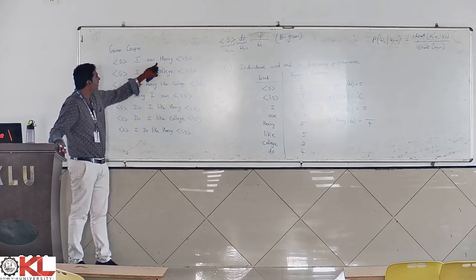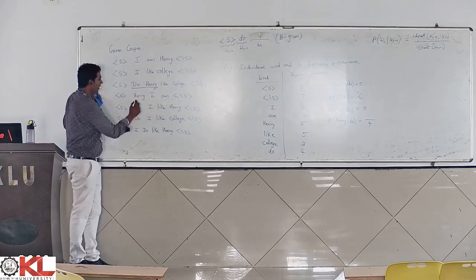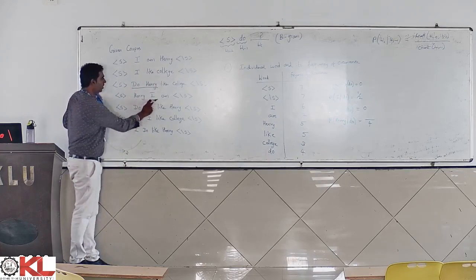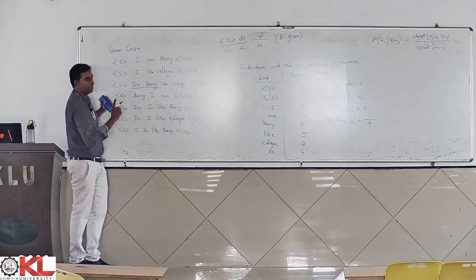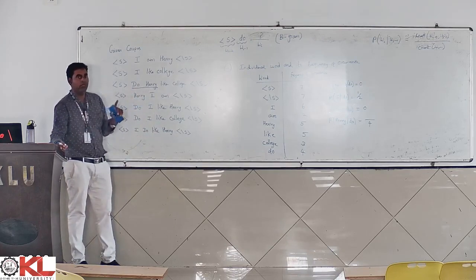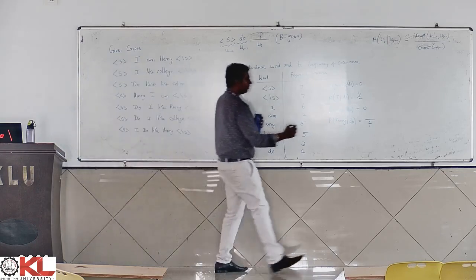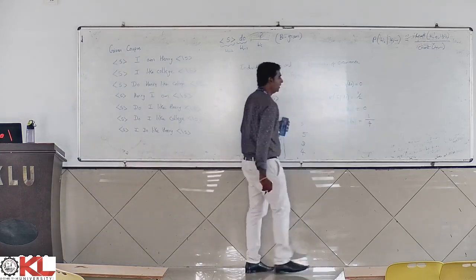First sentence, "do Henry", no. Second sentence, no. Third sentence, it occurs one time. Fourth one, no. Fifth one, no. Sixth one, no. So the sequence "do Henry" occurs only one time in the given corpus. So it is 1 by 4.